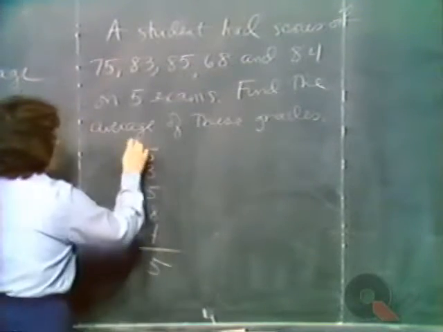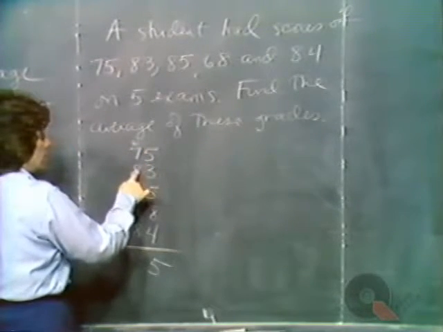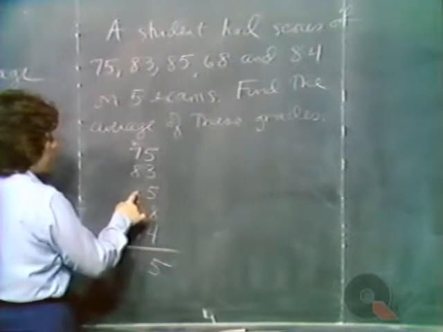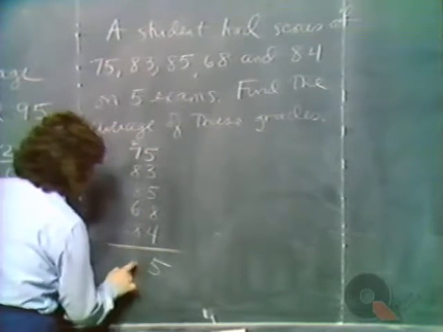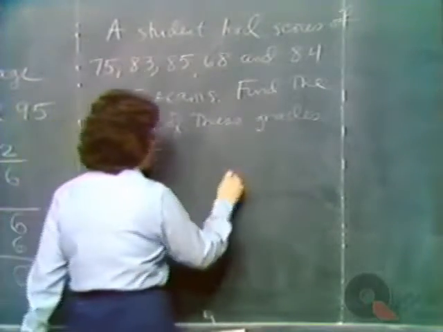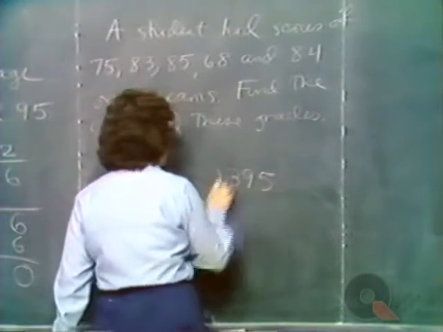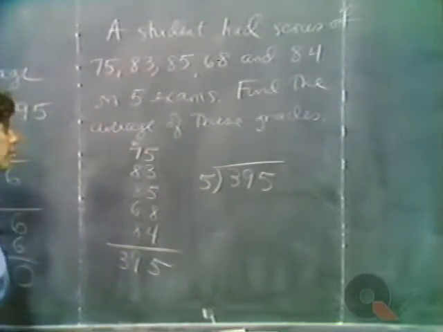Put down the 5, carry the 2. 2 plus 7, 9 plus 8, 17 plus 8, 25 plus 6, 31 plus 8, 39. 395. We then take 395 and we divide by 5 because there were 5 scores in this example.